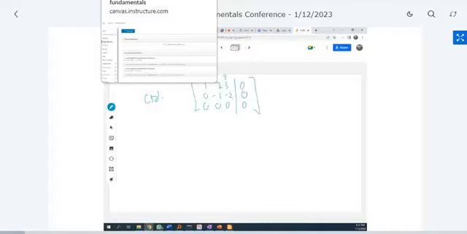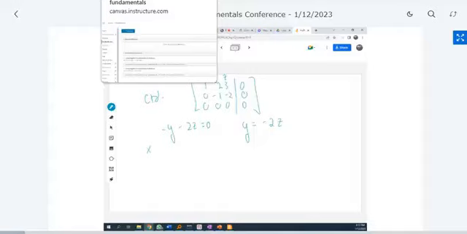Okay. So this last equation is telling me minus y minus 2z equals 0. And that's the same thing as y is equal to negative 2z. And then the first equation gives me x. Wouldn't that be positive?